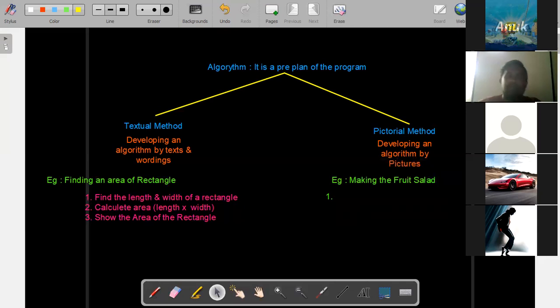First, wash the fruits. Finding the fruits. Yes, sir, finding the fruits.